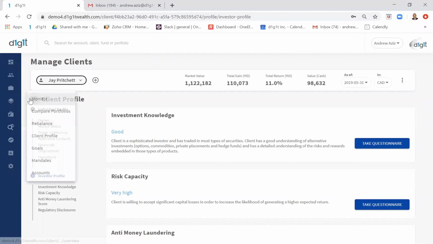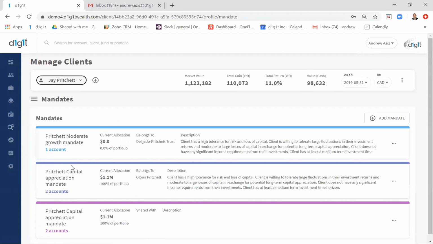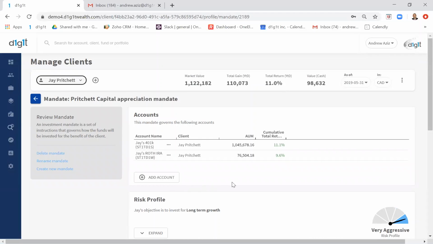Okay, so now let's check any mandates that we might have associated with Jay. And we see that the Pritchett household has spread its accounts across 3 mandates. And Jay in particular is associated with a capital appreciation mandate. If we check this out, we see that Jay has placed his 401k and IRA accounts with this mandate.